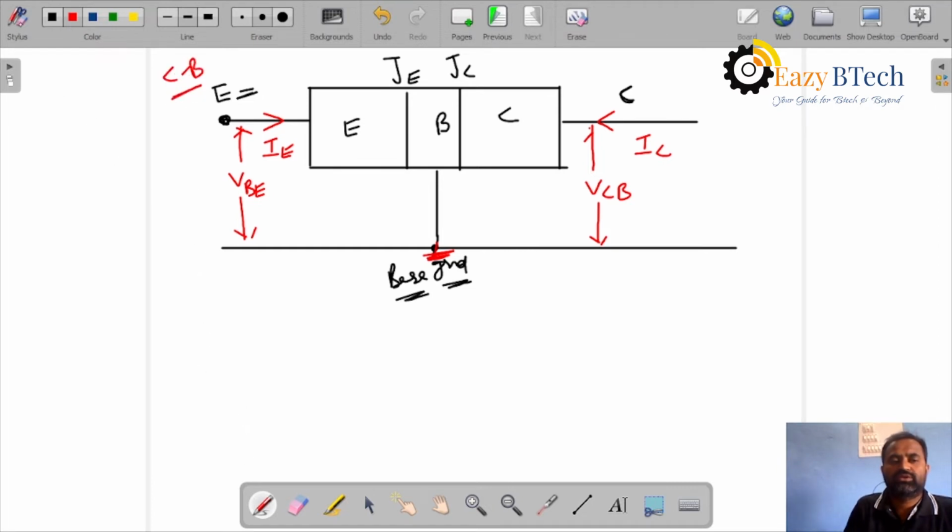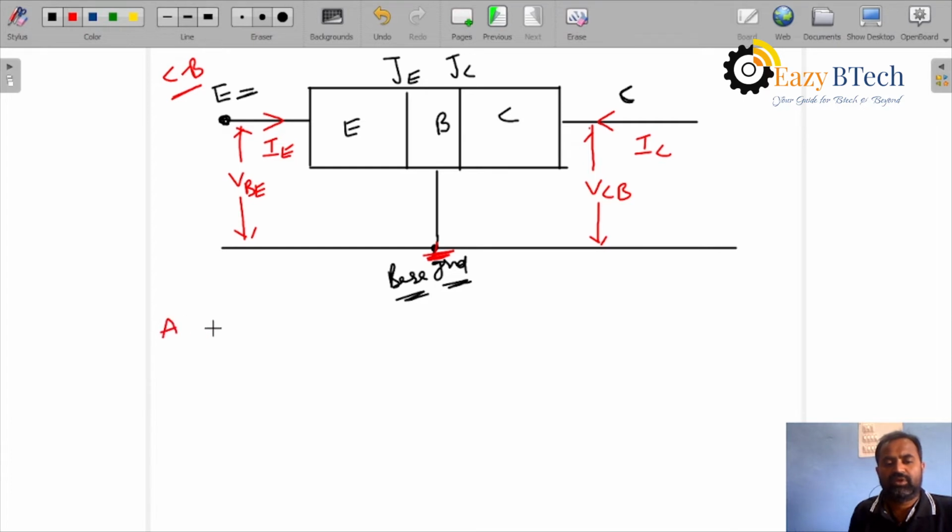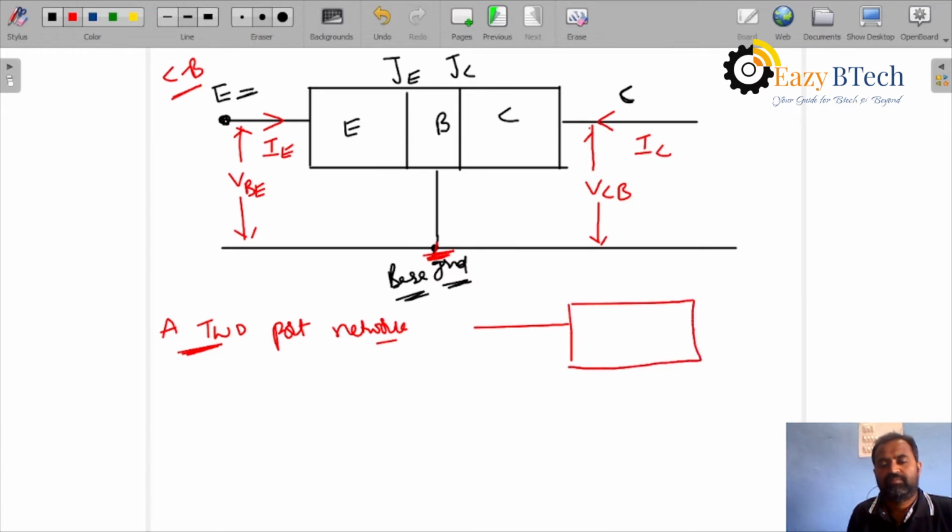Generally, we use a two-port network. Now the BJT is a two-port network. It is grounded.